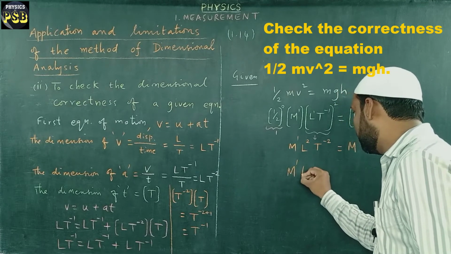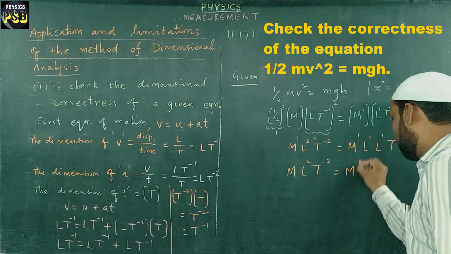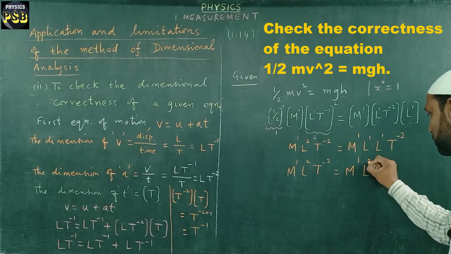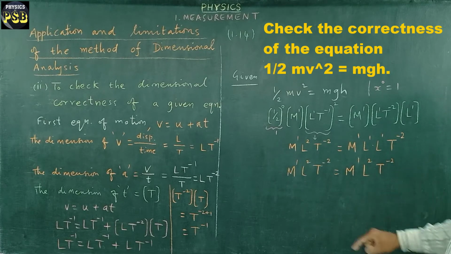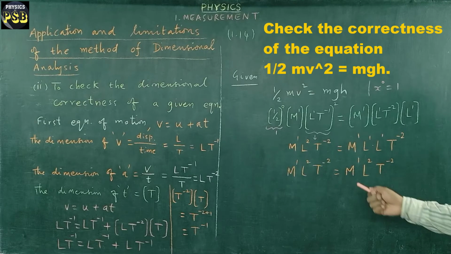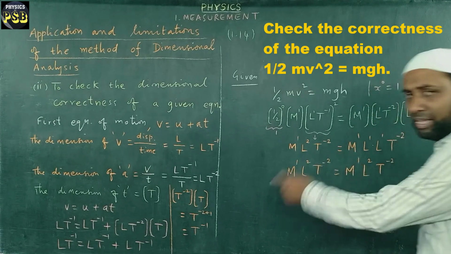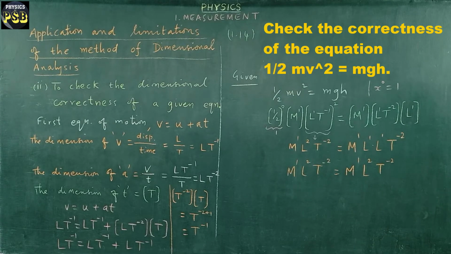So what do I get in the next step? M power 1, L power 2, T power minus 2 is equal to M power 1. Here these two are multiplied, so the power becomes 2. L power 2, T power minus 2. If you look at the right hand side and left hand side of this equation, you may find both provide the same dimension.